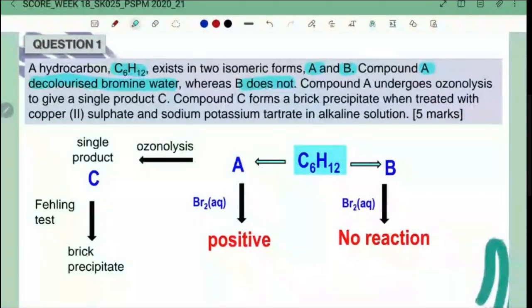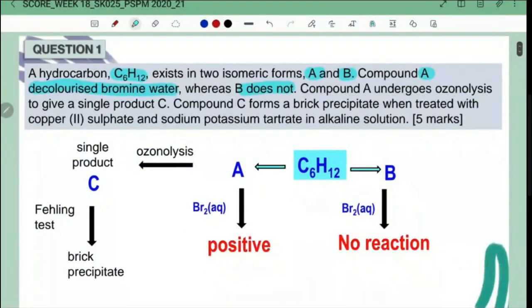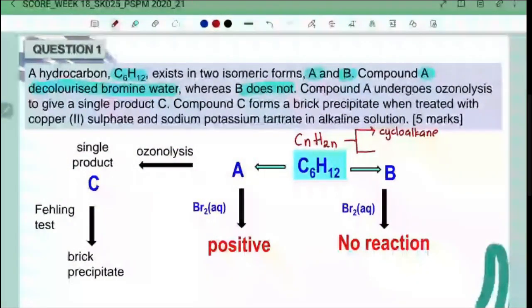So something that can decolorize bromine water, of course kita boleh tahu, if we convert to CnH12, generally adalah CnH2n. So CnH2n, it can be either cycloalkane or alkene.